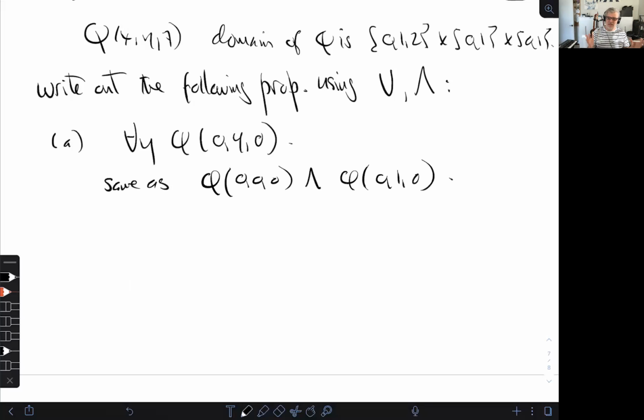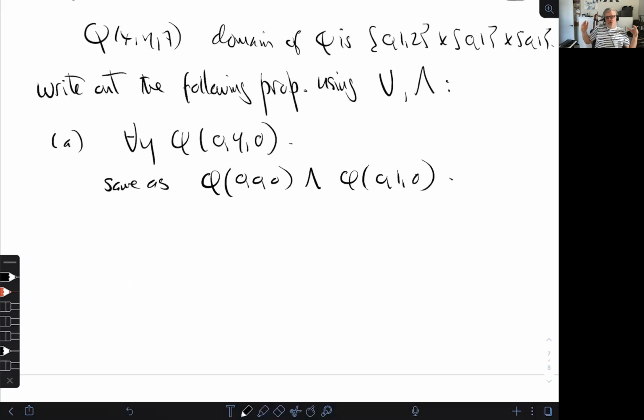That's it. They mean exactly the same thing. So the for all is a way of transforming infinite stuff into finite stuff. Because you can always just list, that's what the for all means: this is true and this is true and this is true, the whole bunch.